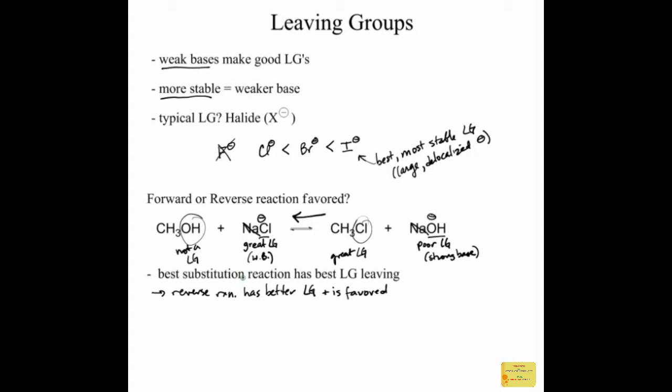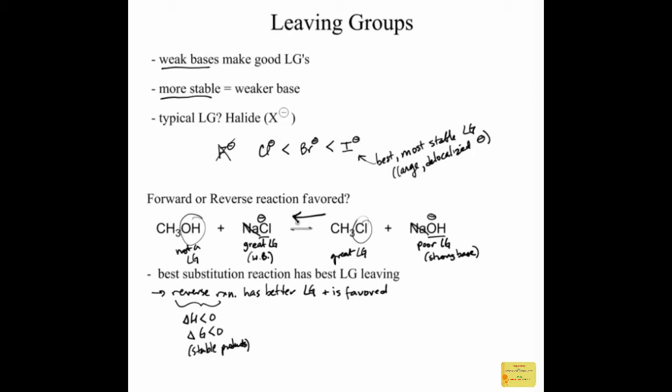So we could say that the best substitution reaction is the reverse reaction that has the delta H less than 0, the delta G less than 0, when you have the stable products. The products for the reverse reaction are drawn here on the left, and that's going to be more favorable.